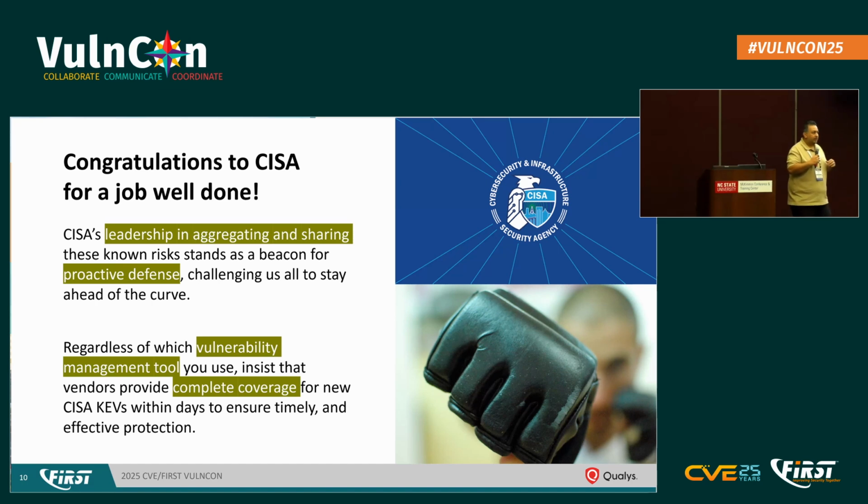Because if we just know that a vulnerability is exploited and it is bad, and you cannot detect it with your vulnerability management, then it's pointless, because you need that in order to identify, then prioritize, and plan for getting it fixed. We are happy to mention that at Qualys, we have 100% coverage of those CISA KEVs. It is not easy to achieve that, but it is doable.